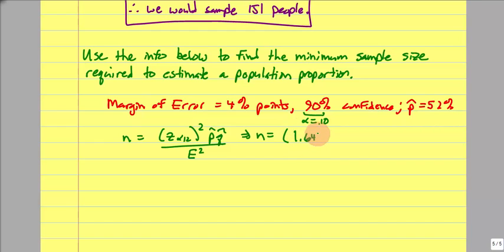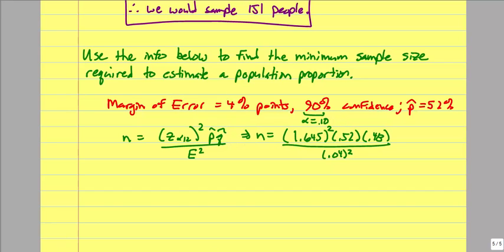Now in this case, we know what P hat is, so we can put that in as 0.52. And now if P hat is 0.52, Q hat is the complement, 1 minus 0.52, which is 0.48. Margin of error is 0.04 quantity squared. So this is squared up here with our Z as well.